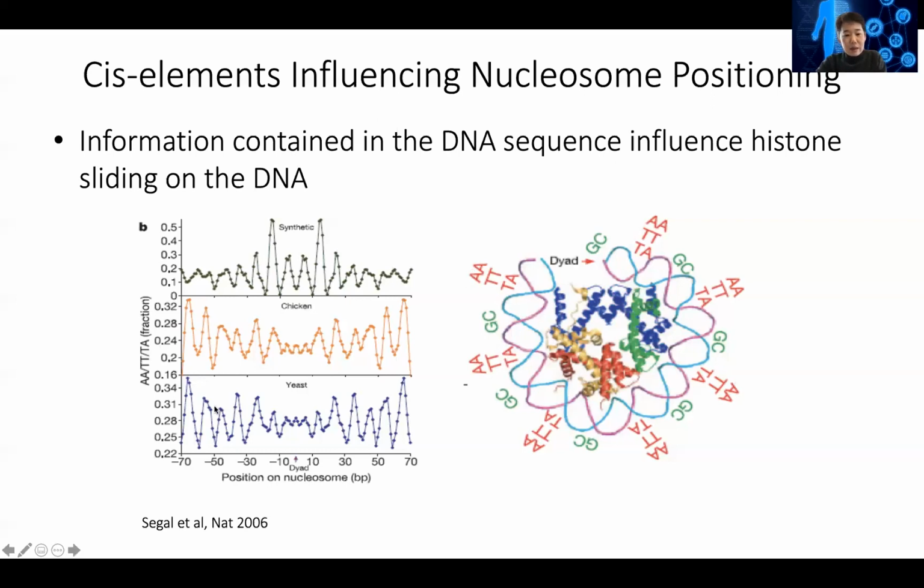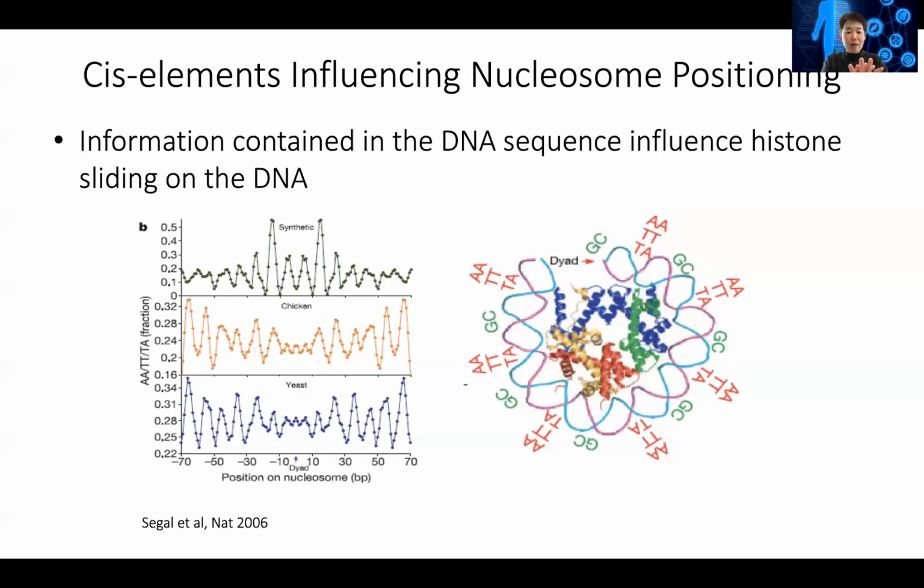And so basically the 10 base pair enrichment of the AT sequence will at least favor an AT sequence facing outside and GC sequence facing inside. And this phenomenon is only observed in eukaryotes, where there are nucleosomes. For example, in bacteria and virus, there are no nucleosomes, no histones, and therefore you don't observe this type of 10 base pair periodicity.